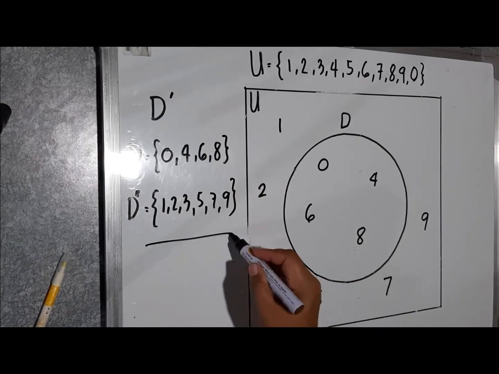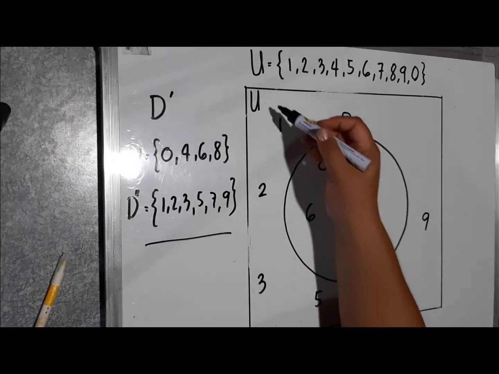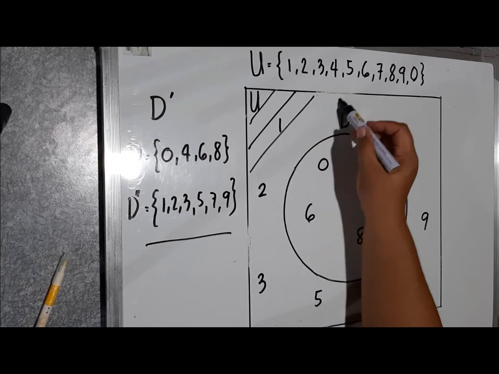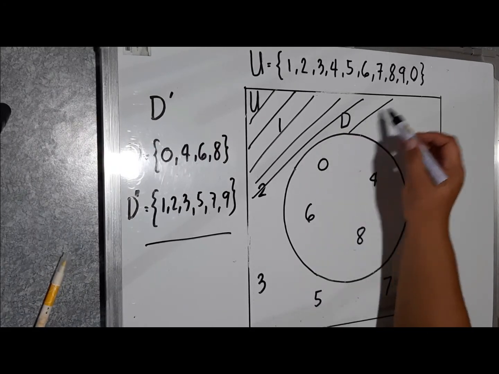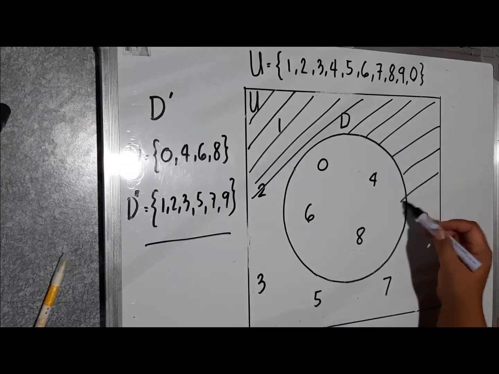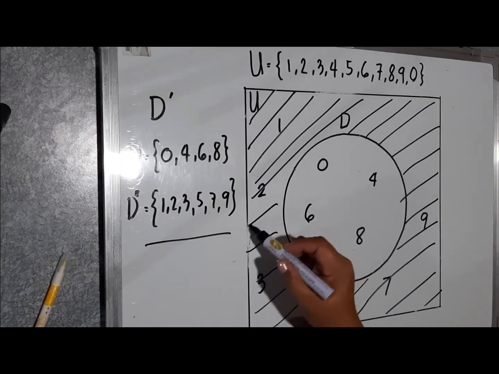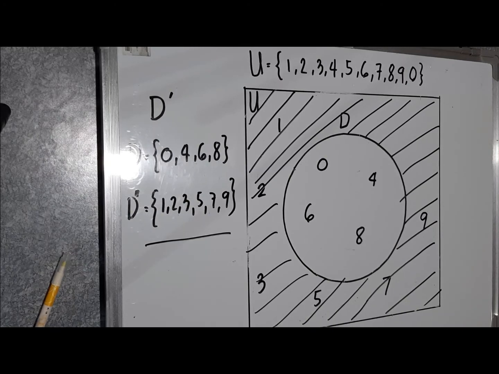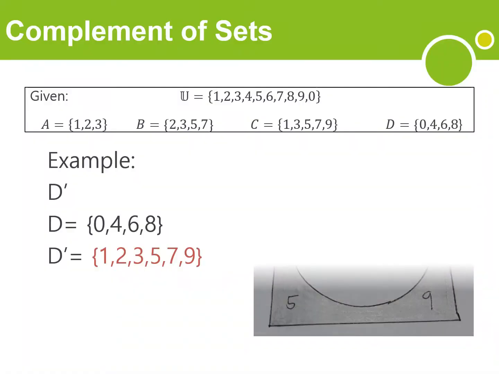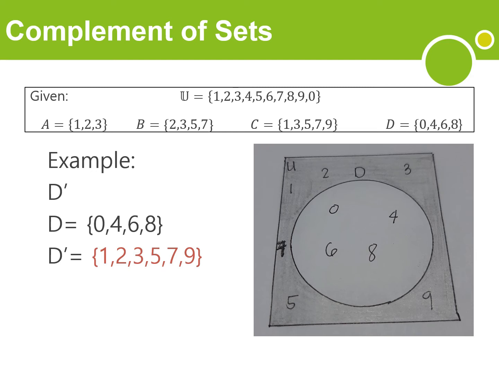So, what we shade in the Venn diagram is the area outside the circle. Okay, so that is our shaded area. This will be our answer. So we have the one we solved and the Venn diagram. So the shaded part are the elements outside set D.